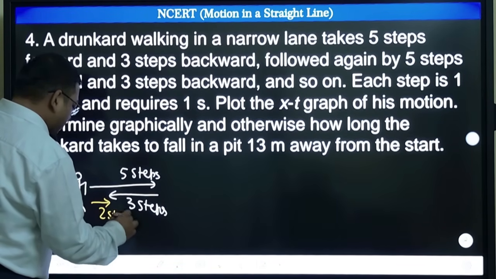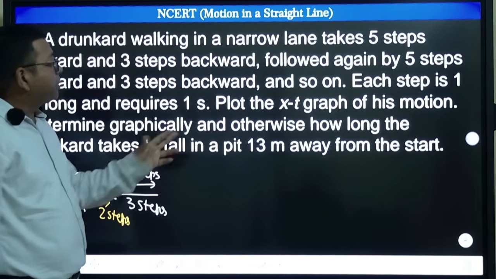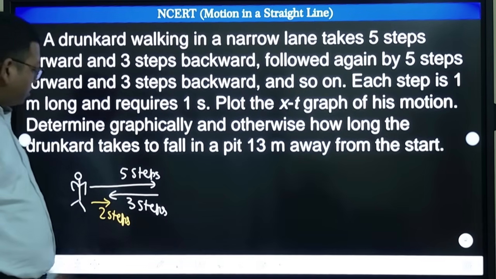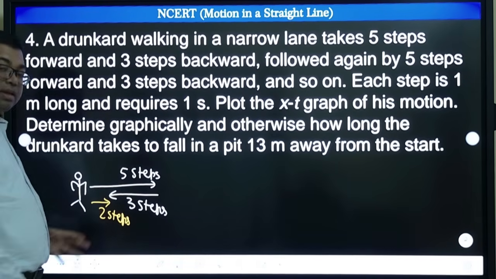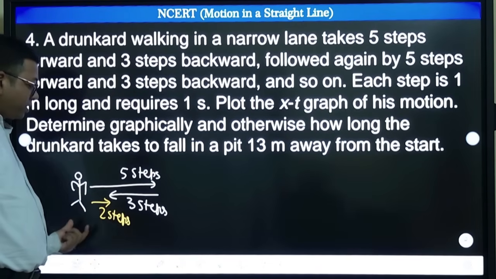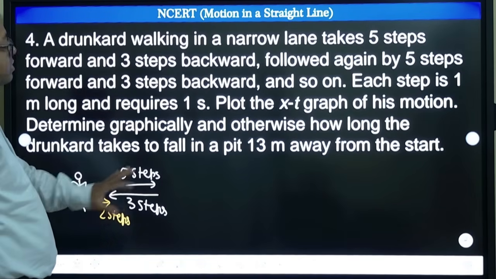Correct? And each step is 1 meter and each step takes 1 second. So that means in total 5 plus 3, 8 seconds, because he has moved 8 steps, he is going to effectively move 2 meters only, right? So like this in one cycle, this is going to happen.